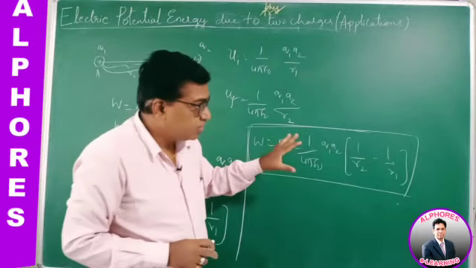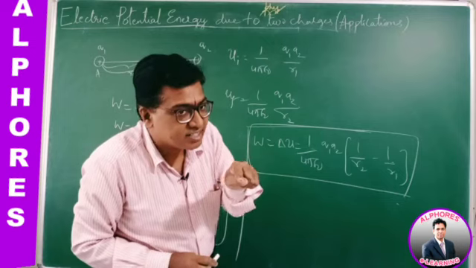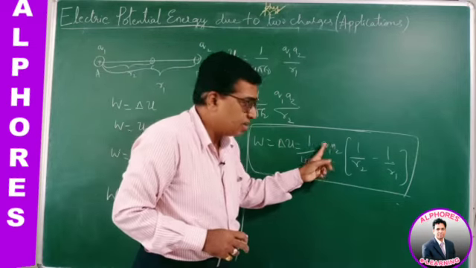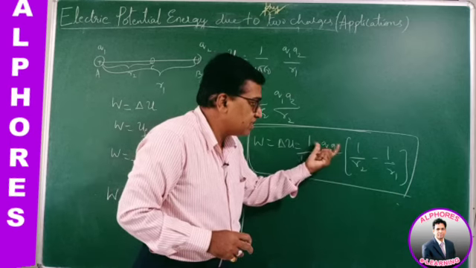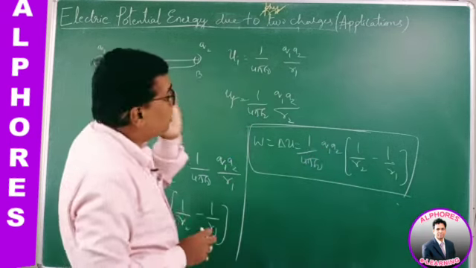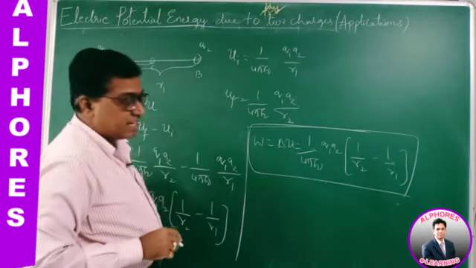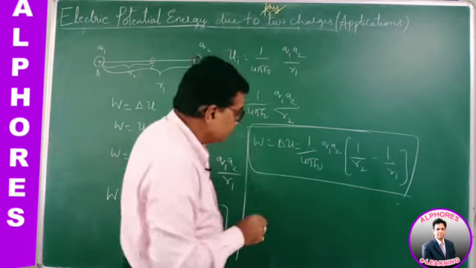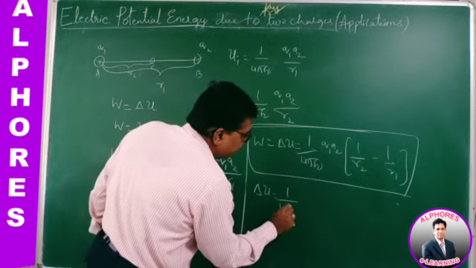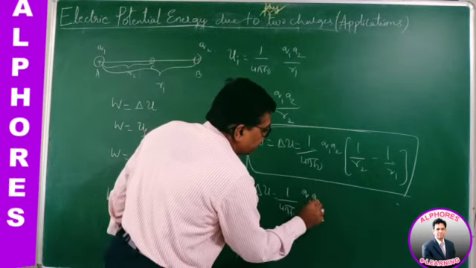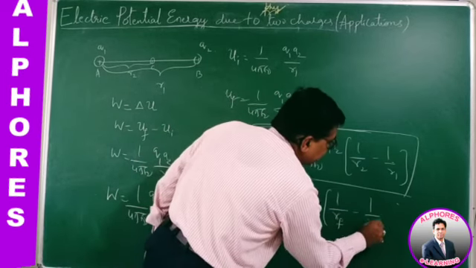Please try to understand: if both charges are like charges, so both plus plus or minus minus, then plus into plus is plus, or minus into minus is plus, so this term is plus. Now if I am moving from more distance to smaller distance, like R2 is less than R1, the work done or change in potential energy is 1 by 4 pi epsilon naught Q1 Q2 by final distance minus initial distance.